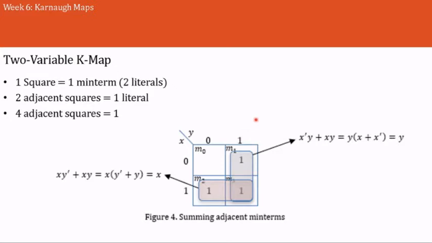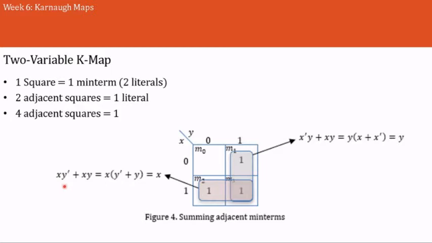And let's look at this example. This is the same example given from the previous slide. Using Boolean algebra, take minterm 2 and minterm 3. Minterm 2 is x y prime, plus minterm 3, which is x y.